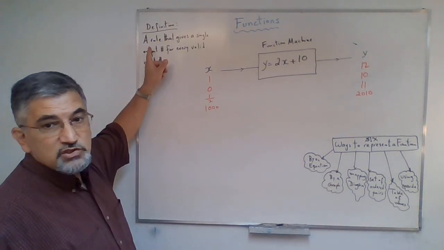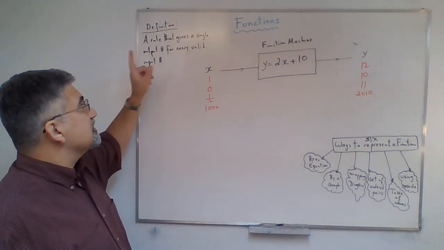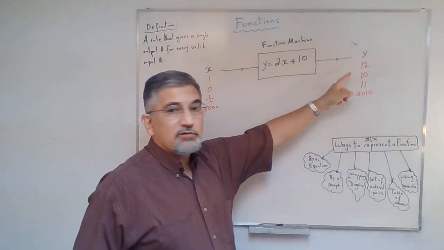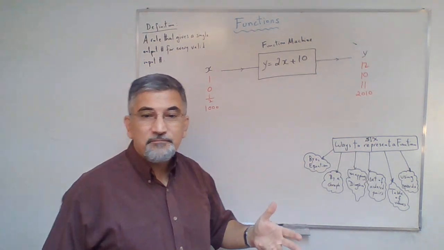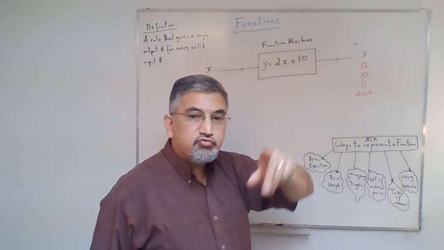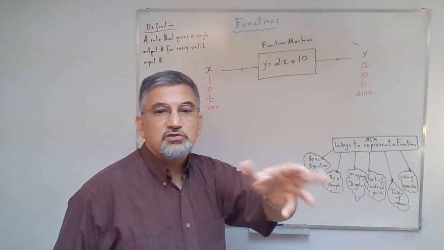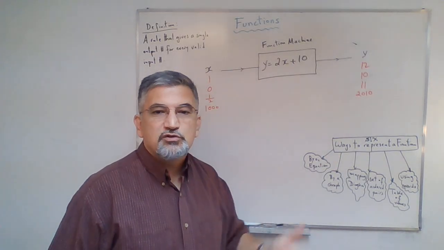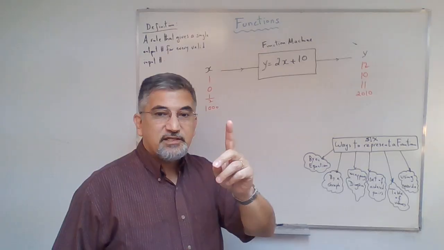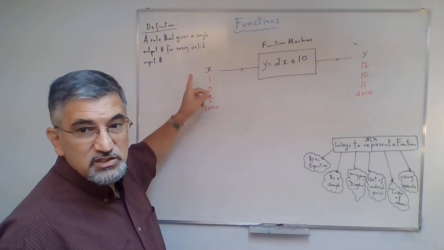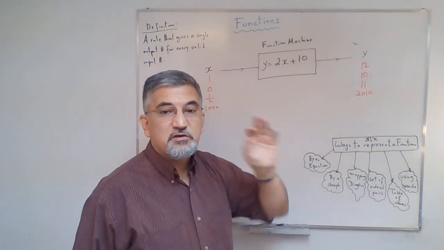So a function is a rule that gives a single output number. When I said the output number is 12, I was not joking. I didn't say that it can be 12, but then on Mondays it's 13, on Tuesdays it could be 14, or sometimes it could be like 55. We never said that. We said that if x is 1, y is 12, period.